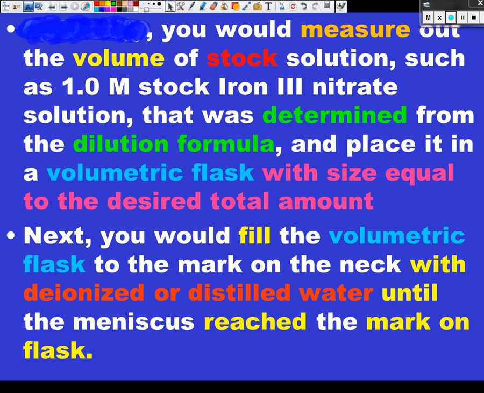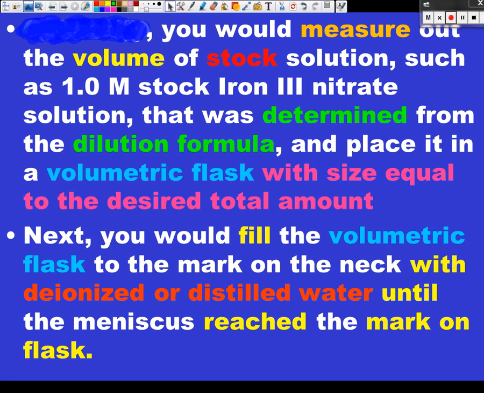We're just going to pretend that the stock solution a minute ago was a 1 molar iron 3 nitrate. We're just going to pretend. Okay? So you would measure out the volume of stock solution, such as a 1 molar stock iron 3 nitrate solution, that was determined from the dilution formula, and place it in a volumetric flask with a size equal to the desired total amount.